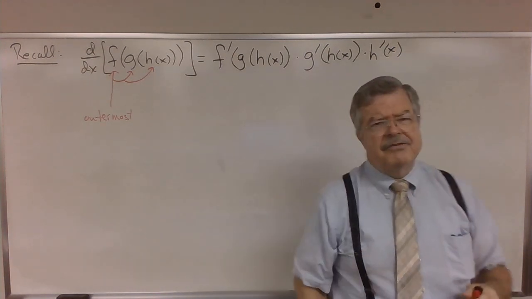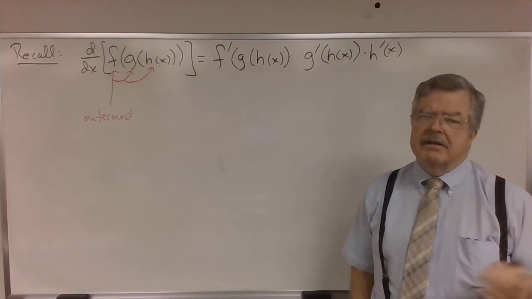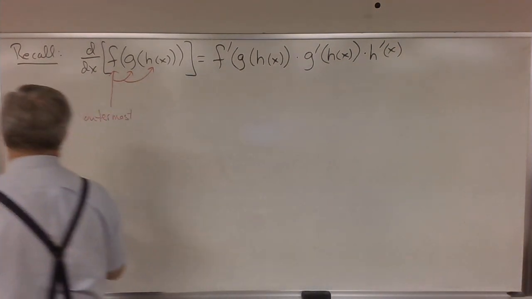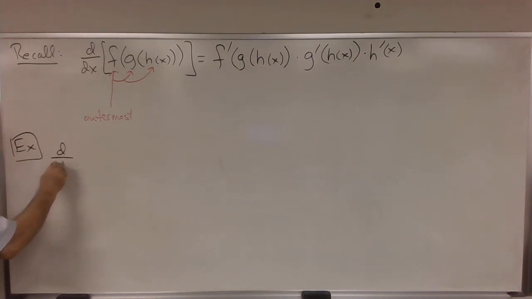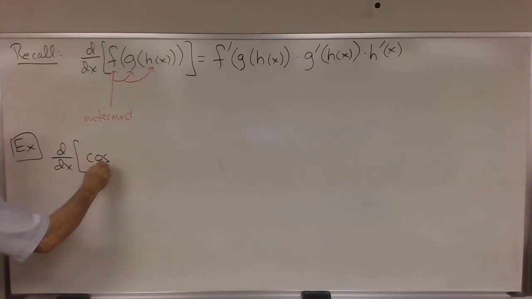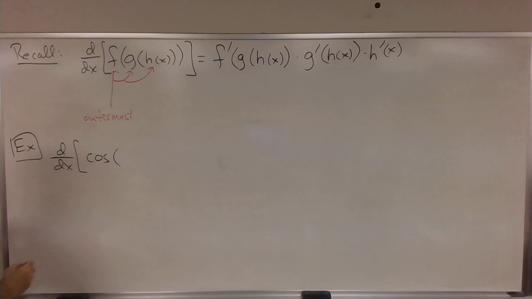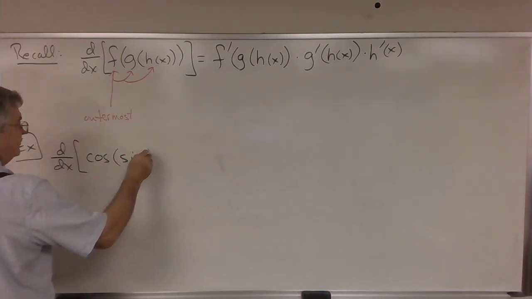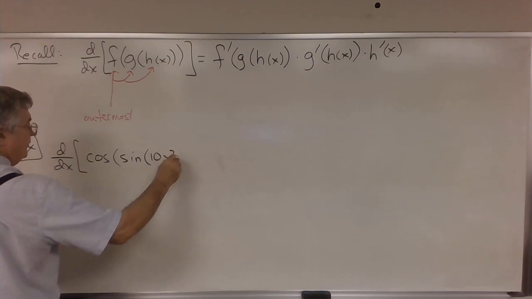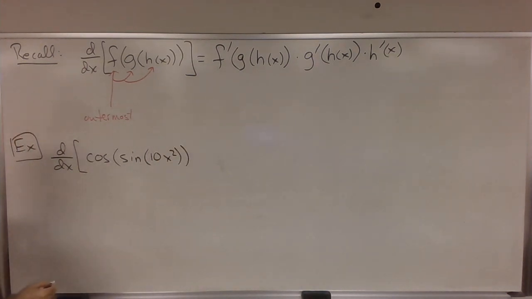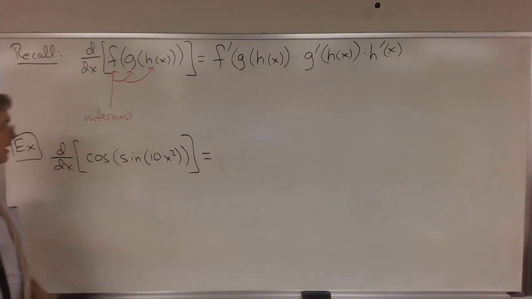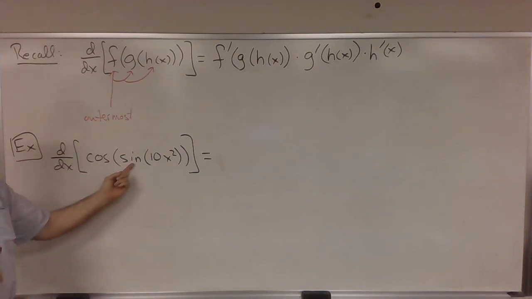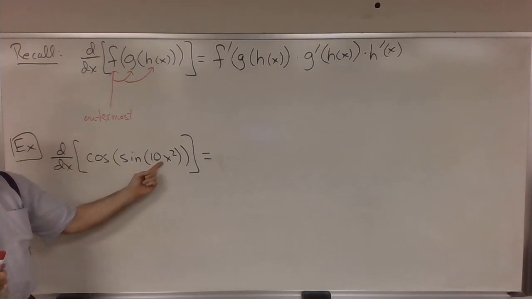So we did a few of these exercises last time. Let's do another. Here we do have the composition of three functions: cosine, evaluated at sine, evaluated at 10x squared.